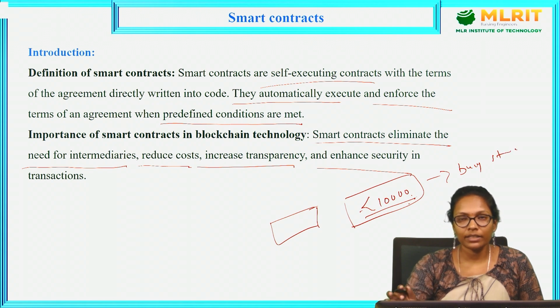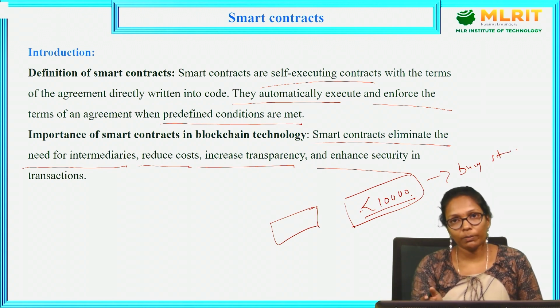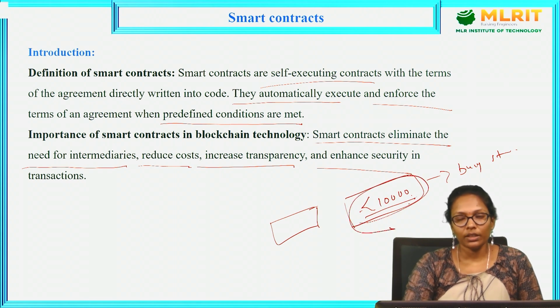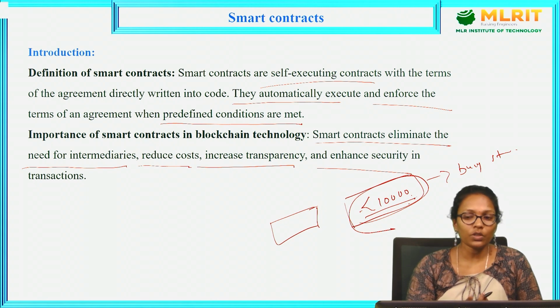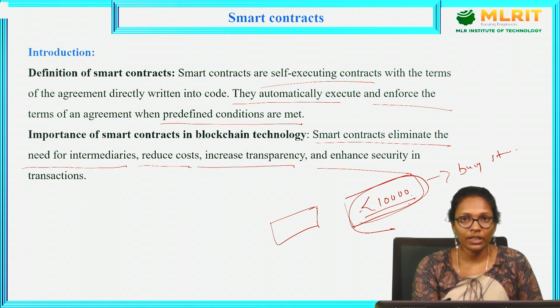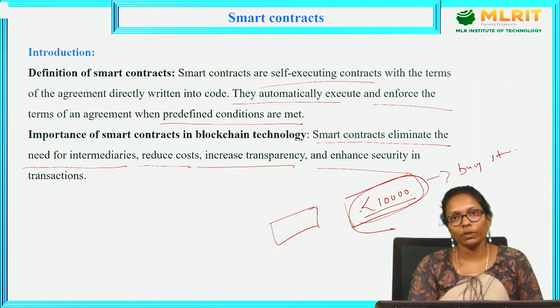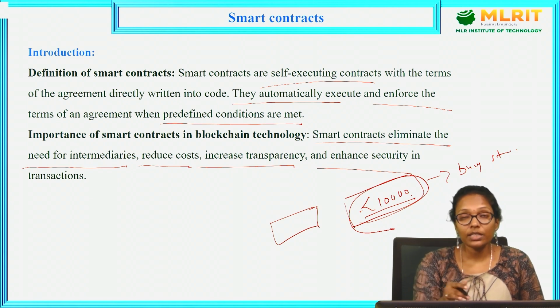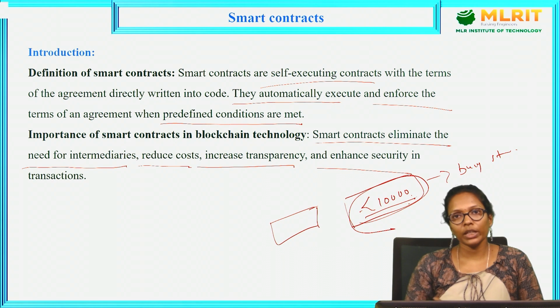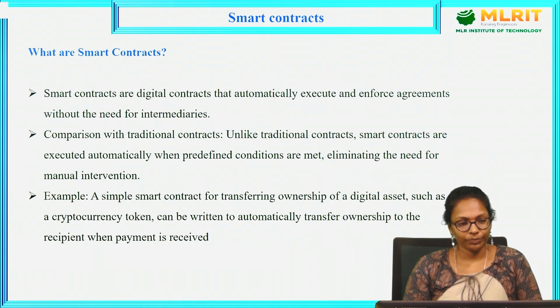I'm writing this smart contract, and the particular stock will be bought whenever this condition is true. Then I don't need to check this every day. Every day I don't need to check the stocks. Whenever the condition is met, automatically the stocks will be bought. So that is the use of a smart contract here. We don't need an intermediary person to perform the action.